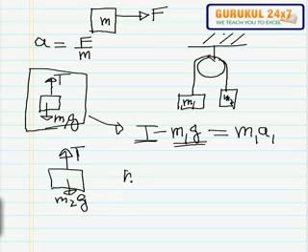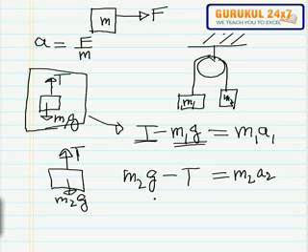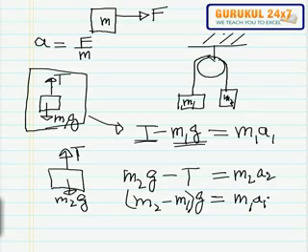So we will say all the forces which are acting downwards, that is m2g, minus all the forces which are acting upwards, minus T, equals m2 a2. Now if we add these two, we can eliminate T, and we have another equation, (m2 minus m1) times g equals m1 a1 plus m2 a2.